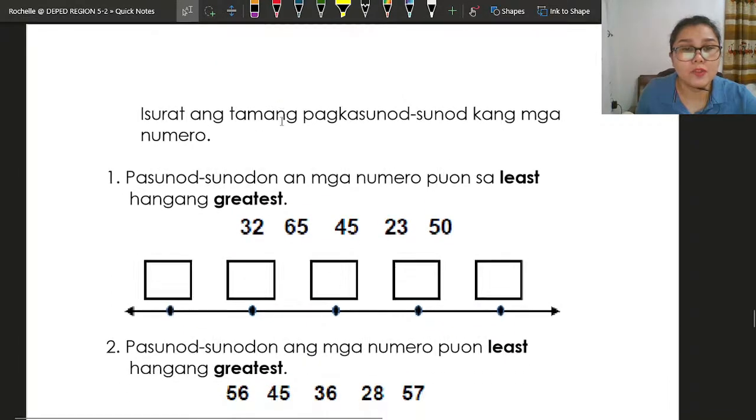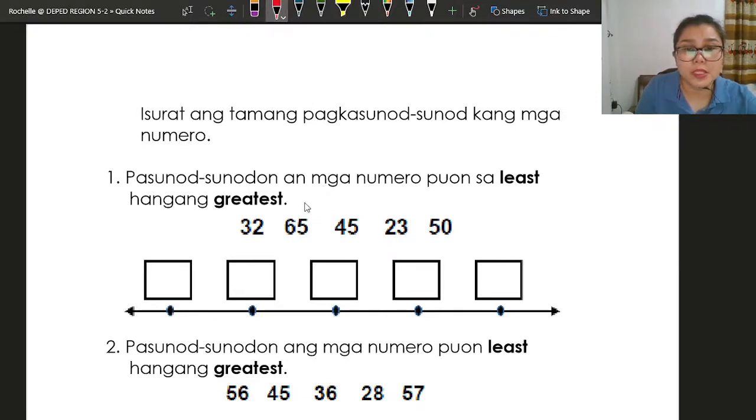Okay, what we have to do here is isulat ang tamang pagkasunod-sunod ng mga numero or numbers. We have to order or put them in correct order. So, number 1, pagsunod-sunod ang mga numero po sa least hanggang greatest. What does it mean? It's increasing order. So, lagyan ko ng arrow ha para that will serve as your clue.